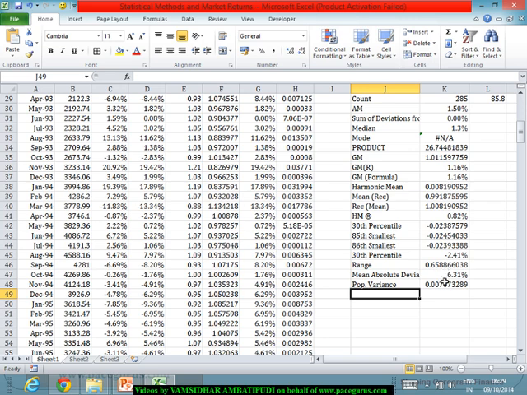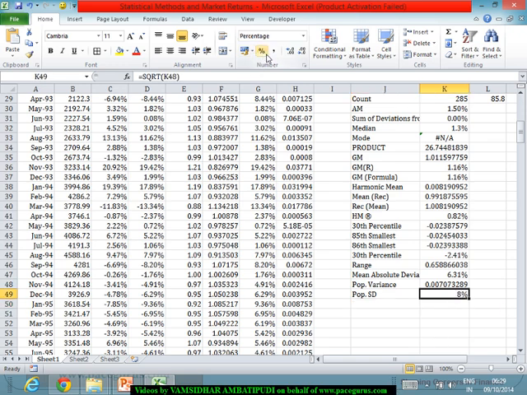So this is what I'm calling the population variance, and when I take the positive square root of it, I call it the population standard deviation. So I take the square root of this population variance, I get the population standard deviation.